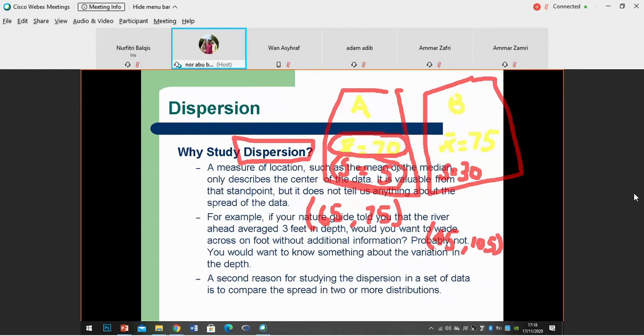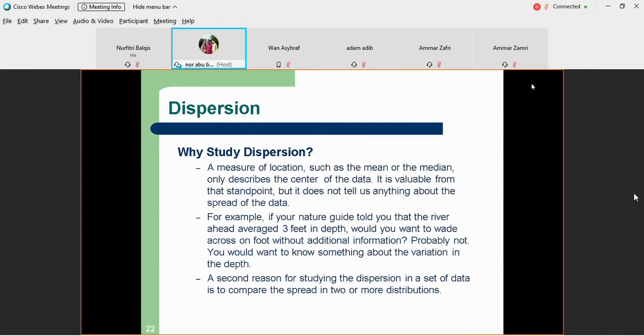Jadi, bila data dispersion is low, means that value tu dekat-dekat. Tapi kalau ni spread is very huge, walaupun 75 ni lebih tinggi daripada 70, however, you will find that there are students who get very low marks and very high marks. Okay? So that's why kalau orang bagi min saja tak cukup.